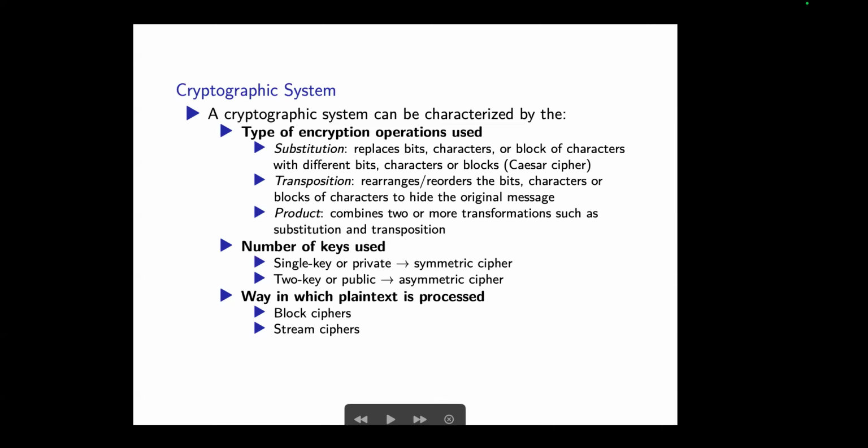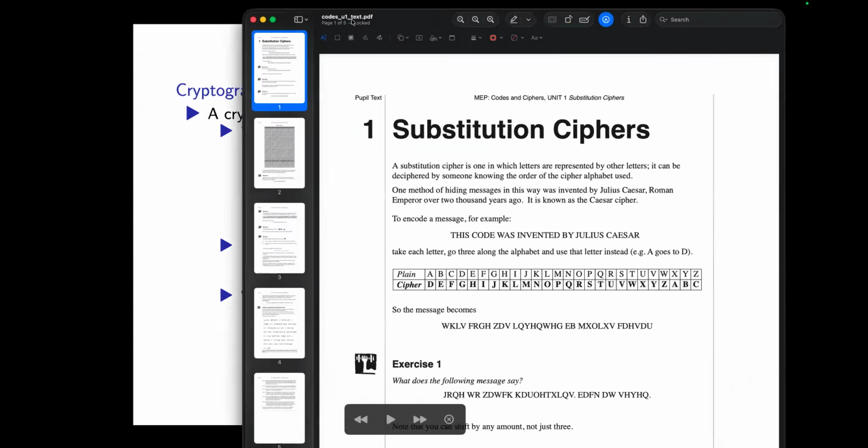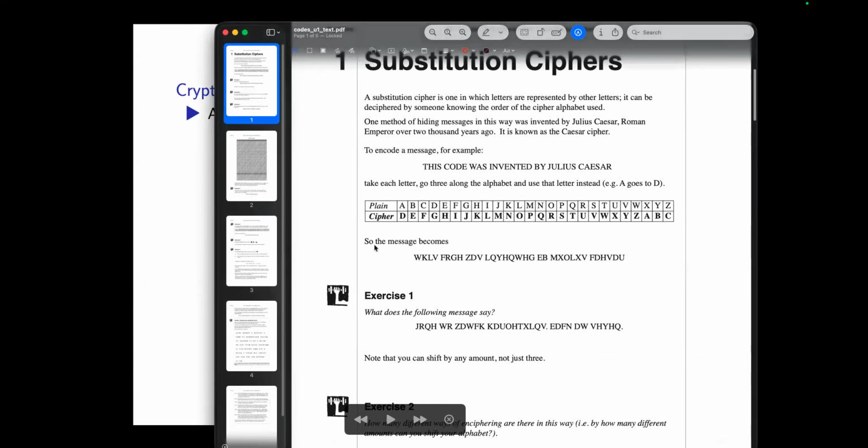This one I think is not this. Yeah, let me see this one. So this one is a typical, yeah, so you can see that the plain and cipher follows the sequence. It's like D, E, F, G, H. So that means it's a Caesar cipher, right?